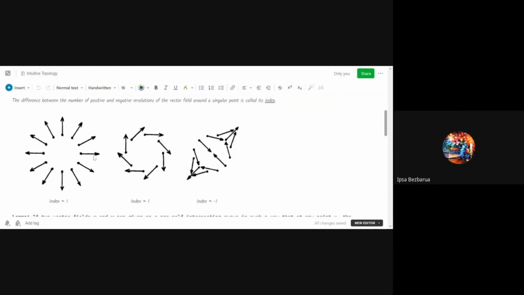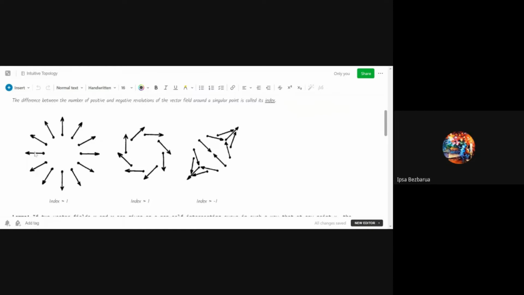And if I look at the vectors around it, I am taking the anti-clockwise direction to be positive and the clockwise direction to be negative. I should have written that down, but I forgot. Anyway, that's the convention. So when I'm moving anti-clockwise, I see that the vectors are also moving anti-clockwise.